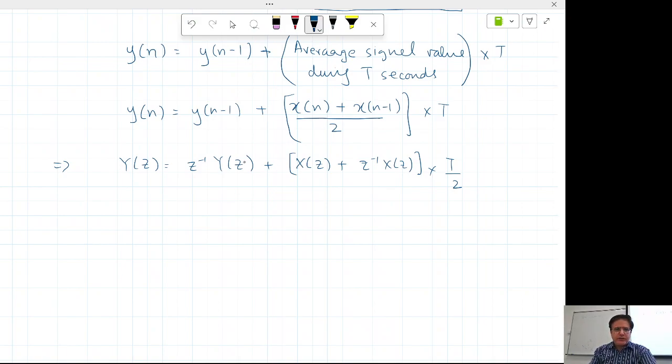And then I can move things around and take common factors. For example, I can move z to the power minus 1 Y of z to the other side. I will get Y of z times 1 minus z to the power minus 1, and on this side I'll take X of z common. I will have 1 plus z to the power minus 1, times T over 2.